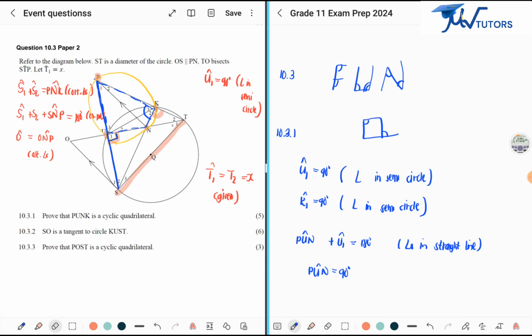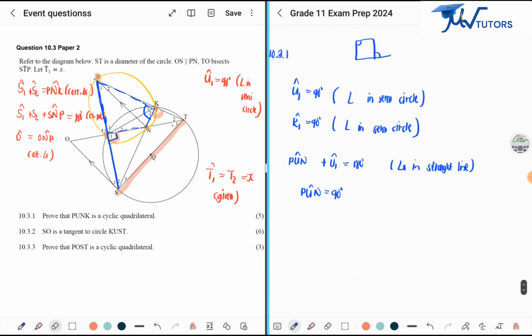Okay, and then if I look at my cyclic quad, remember this is how my cyclic quad looks if I just draw it in isolation. That's where I have P, that's where I have K, N, and U. So basically I know this is 90 degrees. Now I need to prove and show that K3 and K2, or NKP, is actually equal to 90 degrees.